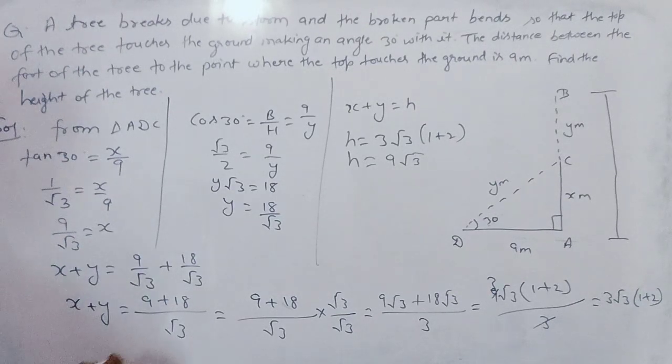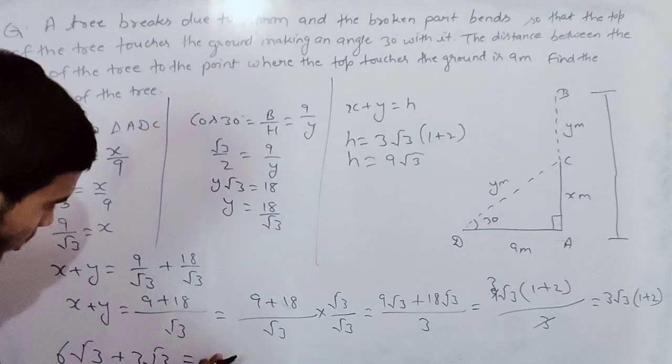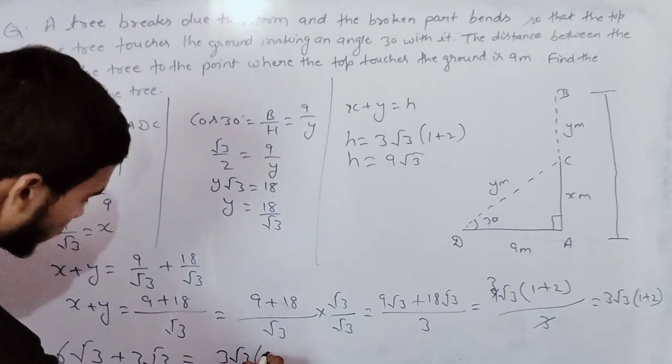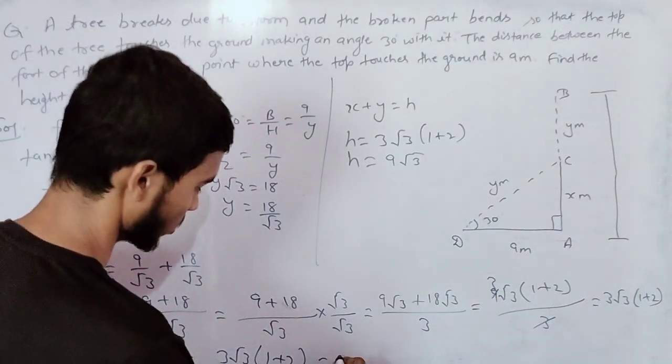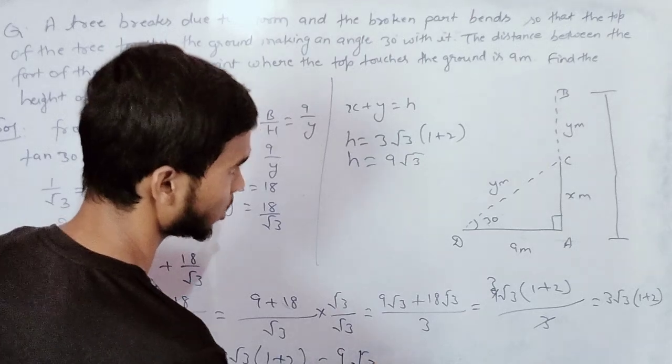So here 6 root 3 plus 3 root 3 is 9 root 3. 1 plus 2 is 3, 3 threes are 9, root 3.